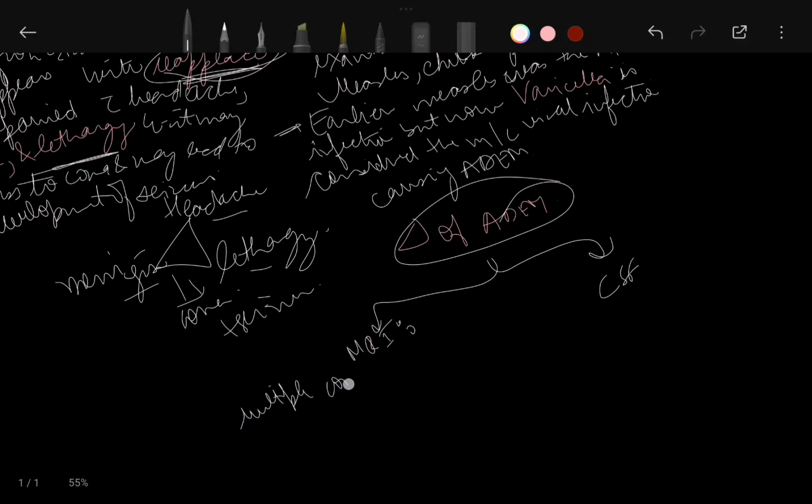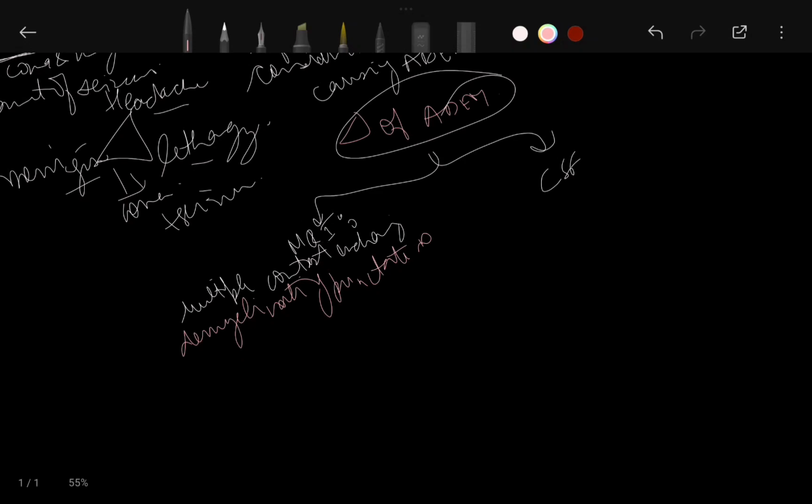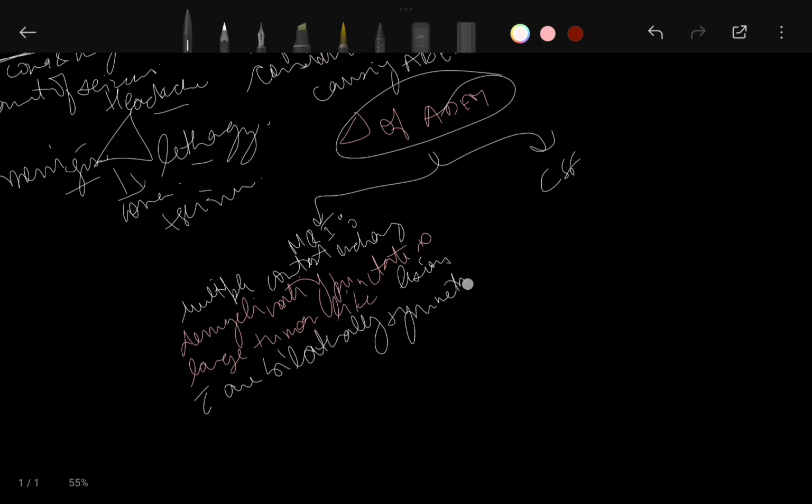In MRI we have multiple contrast-enhancing demyelinating punctate to large tumor-like lesions which are bilaterally symmetrical, affecting both grey and white matter.